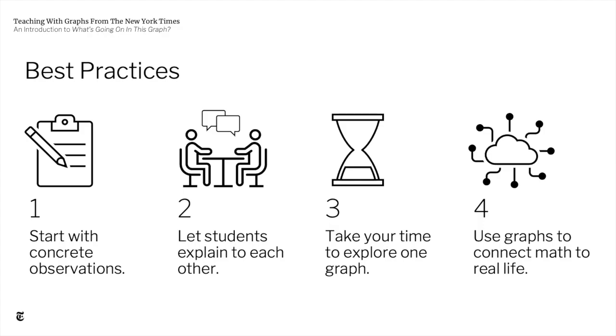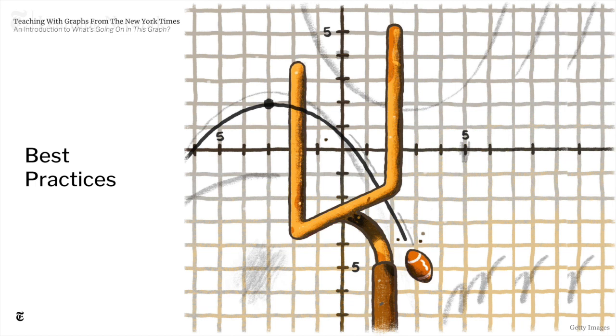But I'm curious, Sharon, is there anything that you've noticed people do, any sort of mistakes that people tend to make when they're using the What's Going On in This Graph feature, that maybe they should think about avoiding or changing?